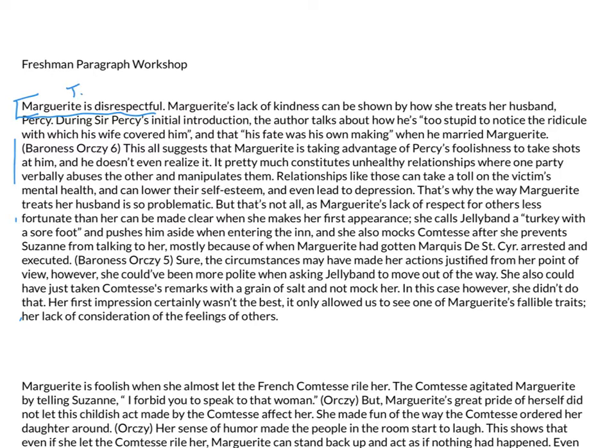So the second thing we have, Marguerite's lack of kindness can be shown by how she treats her husband. This hopefully should be a claim. A claim should be an opinion. It should be something that is based on the reading.